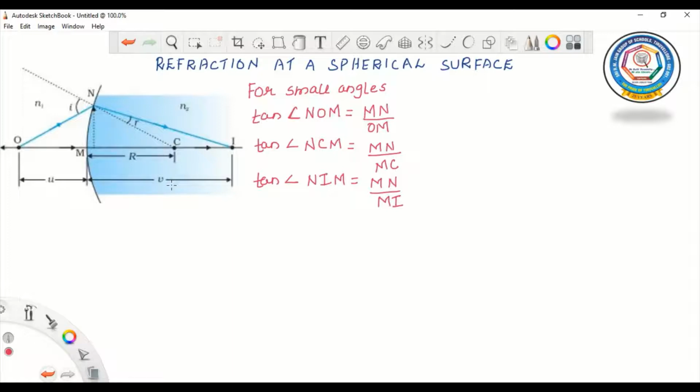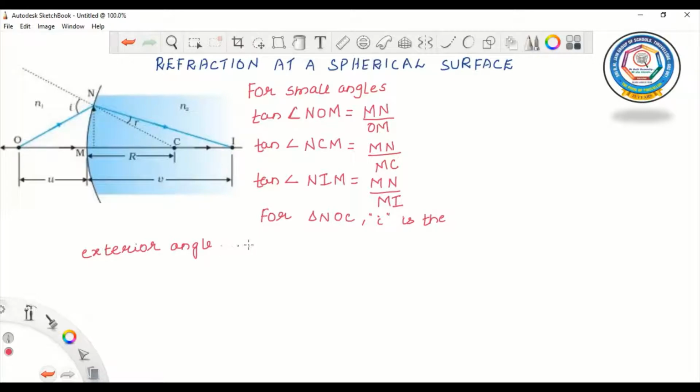Now let us consider the triangle NOC. For triangle NOC, i is the exterior angle.